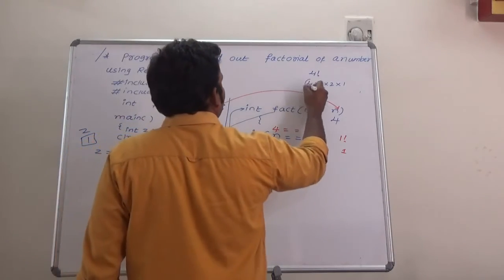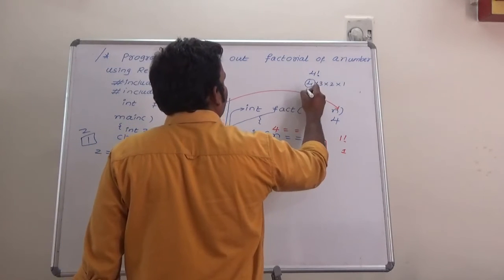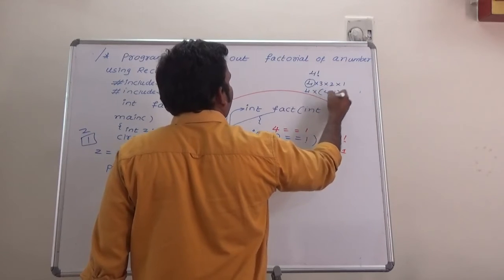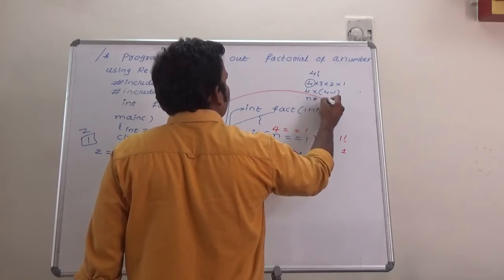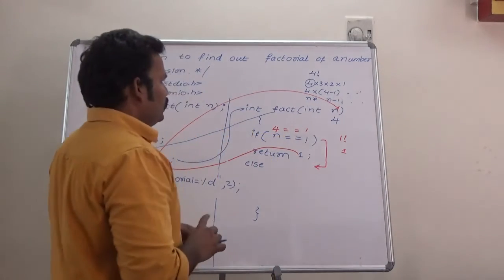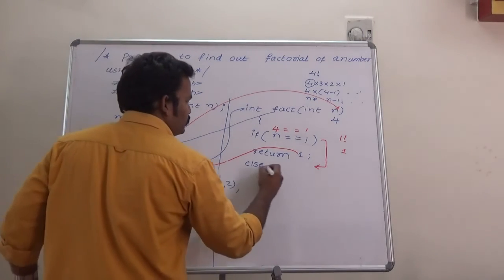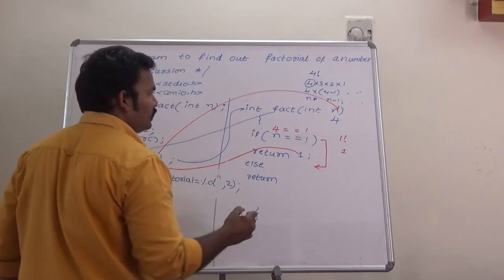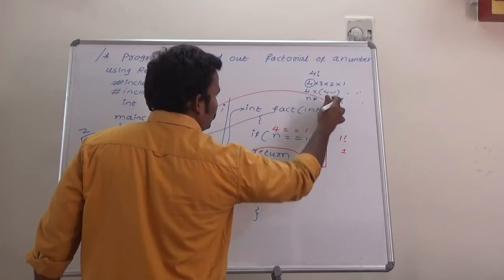Here 4 is stored in the n variable. 4 into 3, and 3 we can write as 4 minus 1, so n into n minus 1. We have to write the condition like that. So else return n into fact of n minus 1.